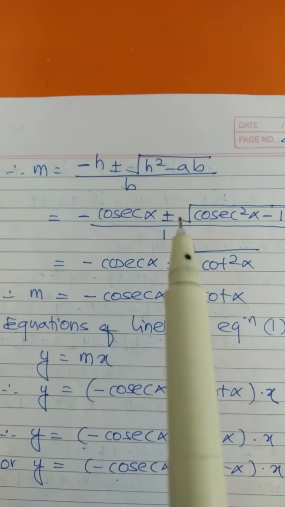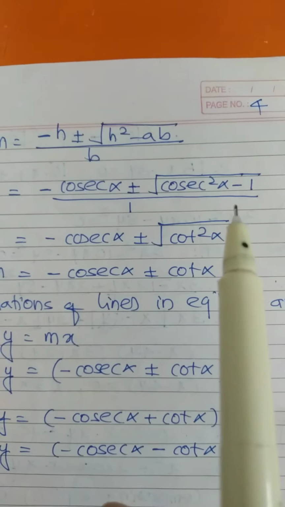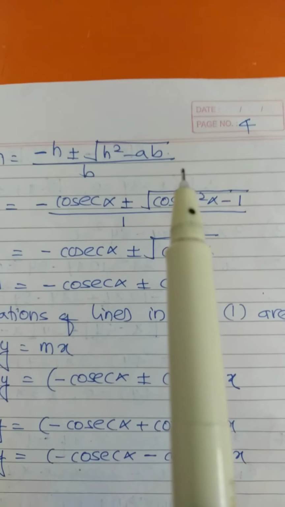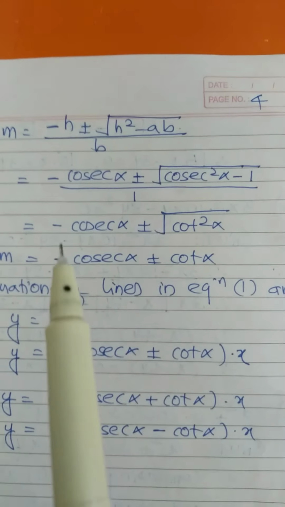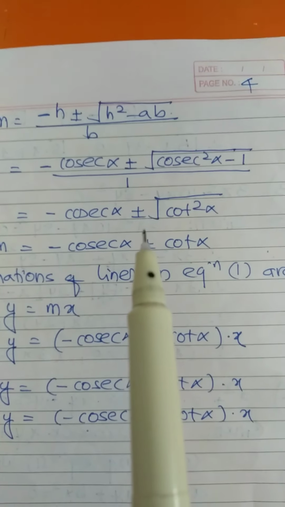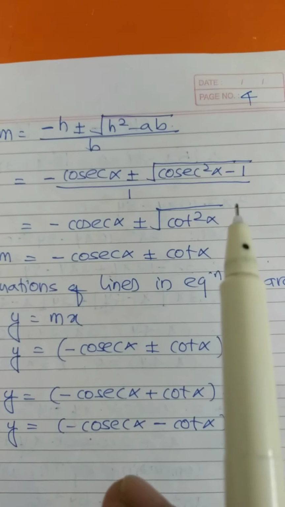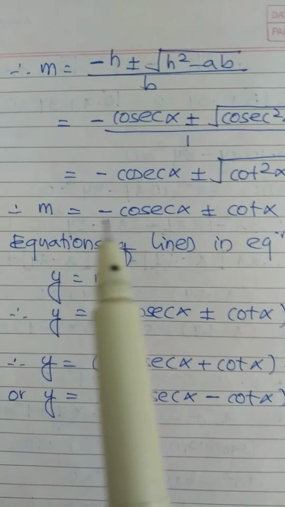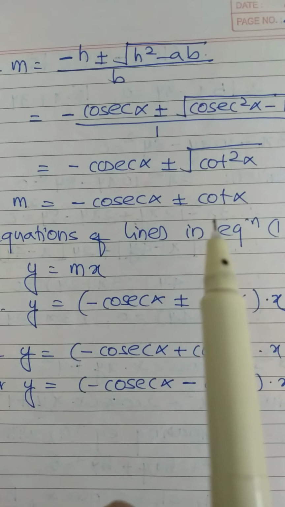So minus cosec alpha plus or minus square root of cosec square alpha minus 1, which is cot square alpha. So m equals minus cosec alpha plus or minus cot alpha.